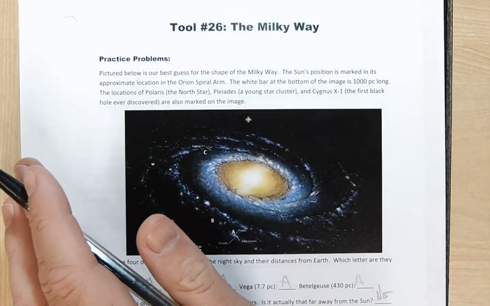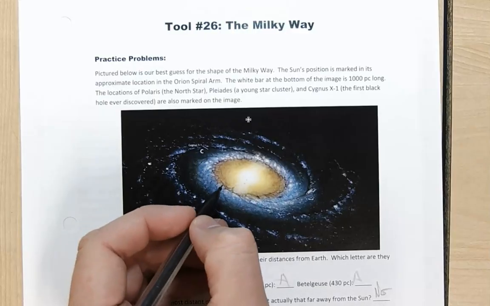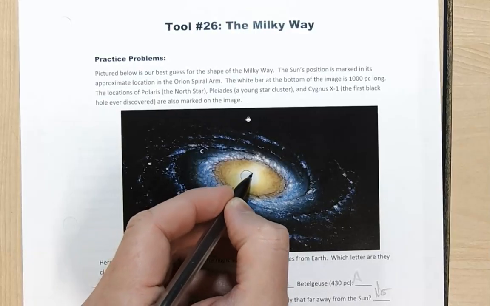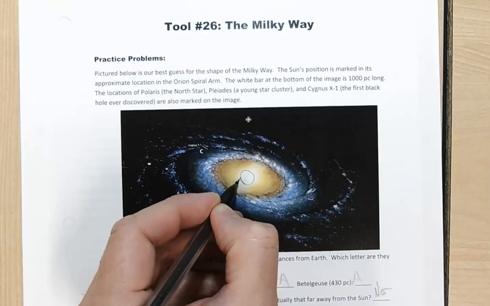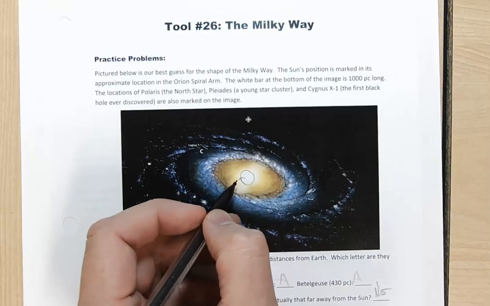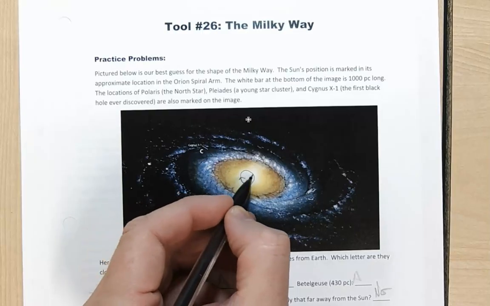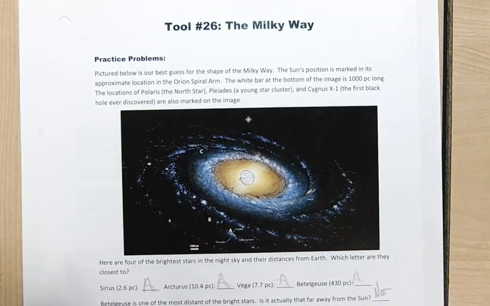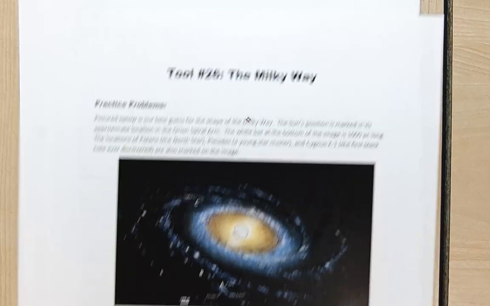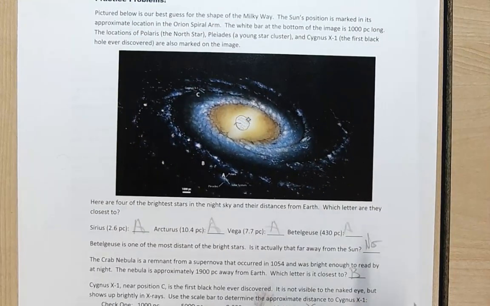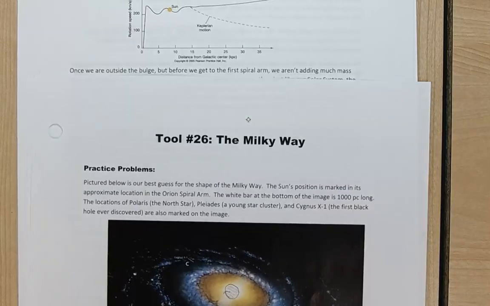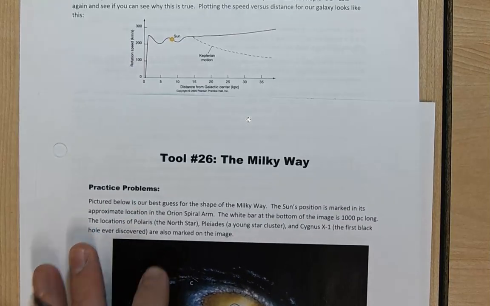But remember that the orbital speed of a star orbiting around the center of the galaxy depends on the mass that is enclosed within that orbit. That's why the graph of speed looks like this.